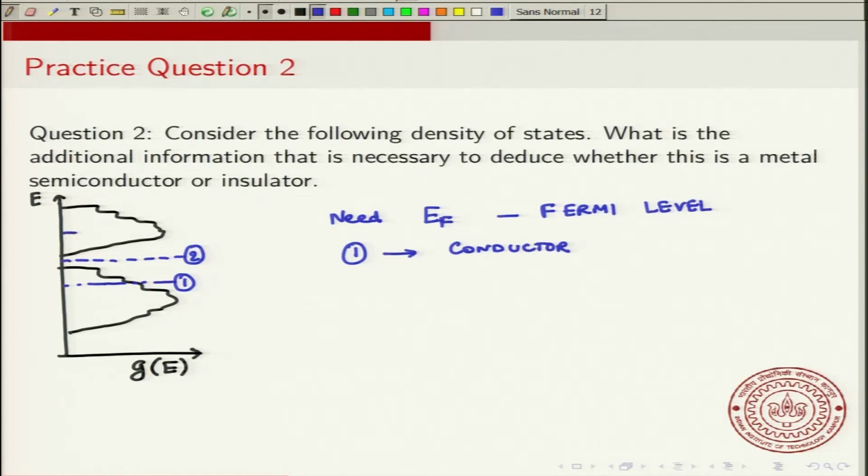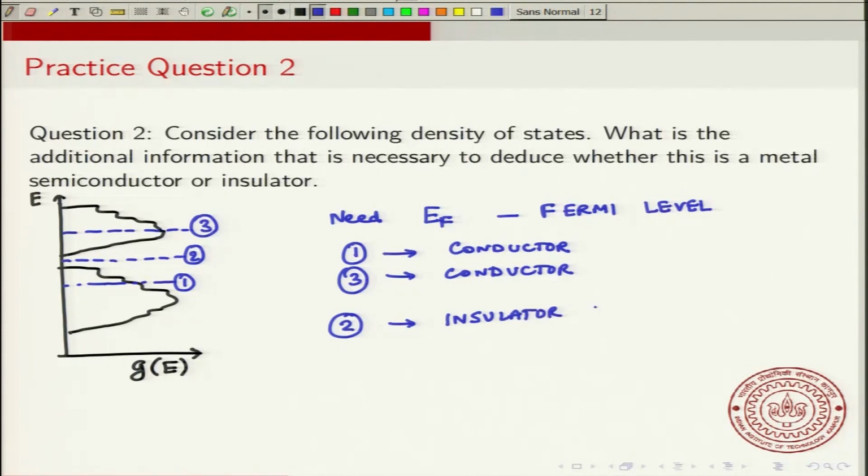Case 3, which is somewhere here in the middle of this, is also a conductor. Case 2 can be an insulator or a semiconductor, and whether it is an insulator or a semiconductor depends on the band gap.